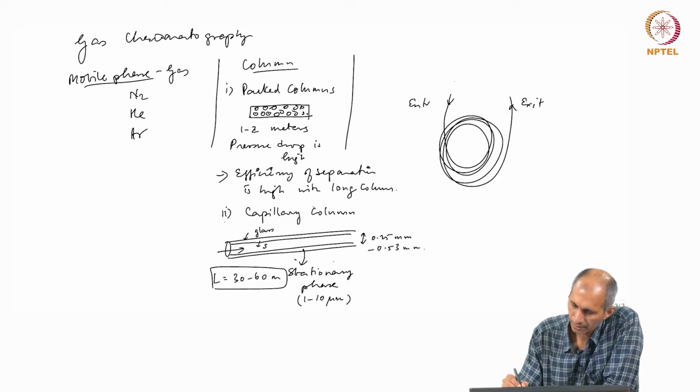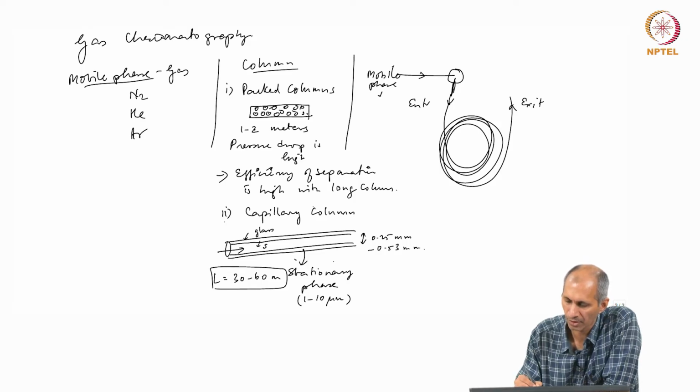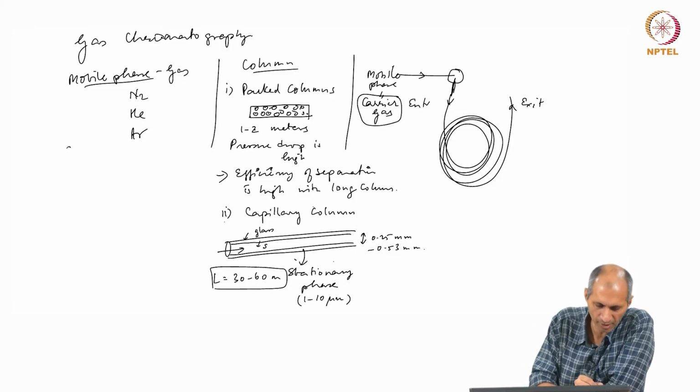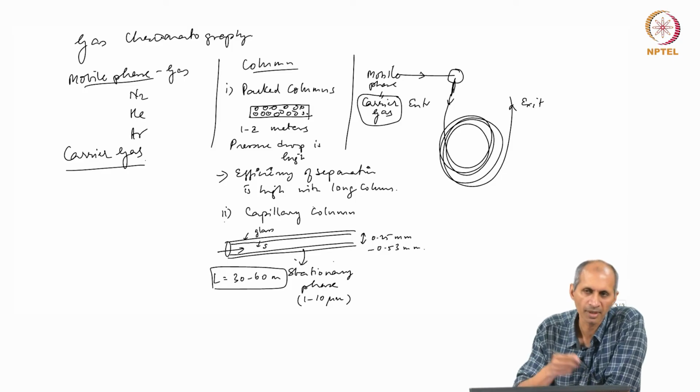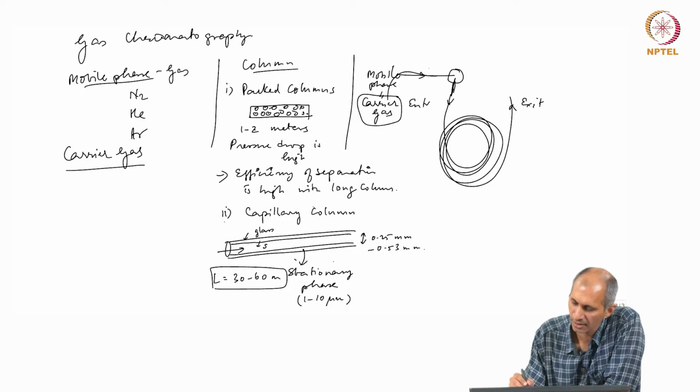Okay. So, right here there is an entrance zone. Your mobile phase, which in gas chromatography we call the carrier gas, is stored in some cylinder, commercially available, and it is sent in at some flow rate or pressure.